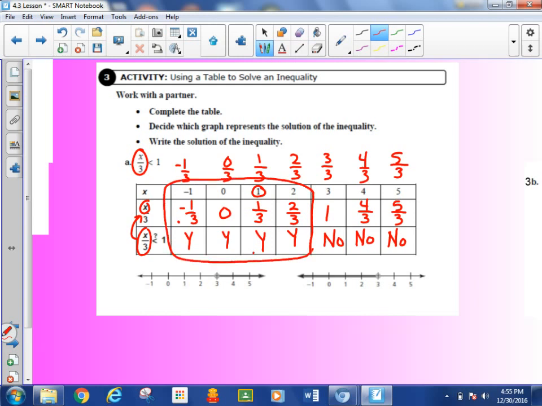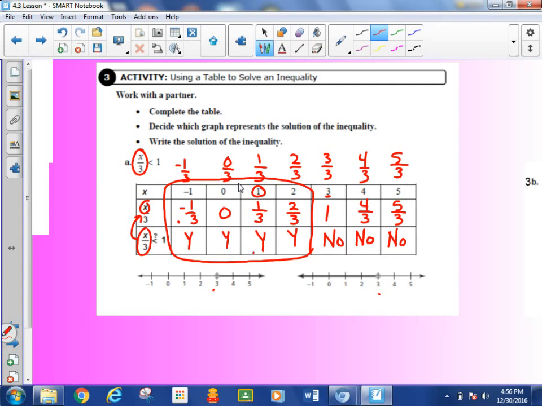Okay, so when we go through to do this, our number that we have is 3, because if we're working to get that number by itself, 3 is the first place that we said no. Okay, 3 is the first place we said no. So that's the number that we're going to mark on. Notice both of our graphs are marked on 3, not colored in because it was not an equal to.